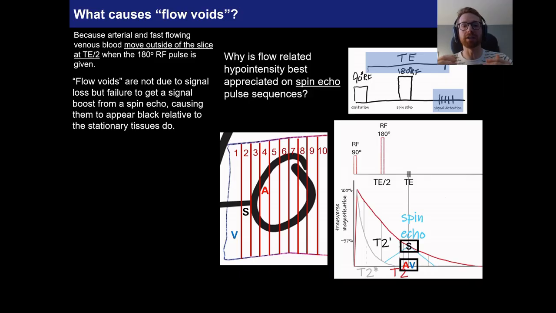So the stationary tissues lose transverse magnetization with the time constant of T2, but the flowing blood loses transverse magnetization with the time constant of T2 star. That difference between T2 and T2 star, that's the reason for the flow voids. The flow voids are on the T2 star curve, whereas the stationary tissues are on the T2 curve.